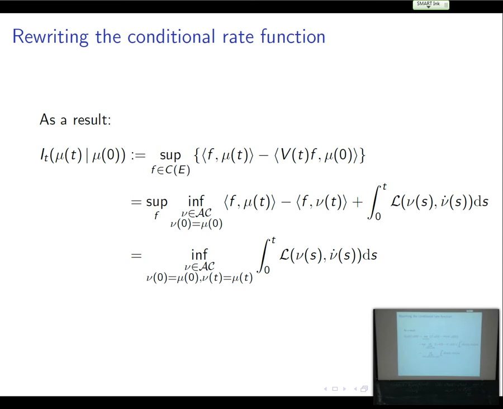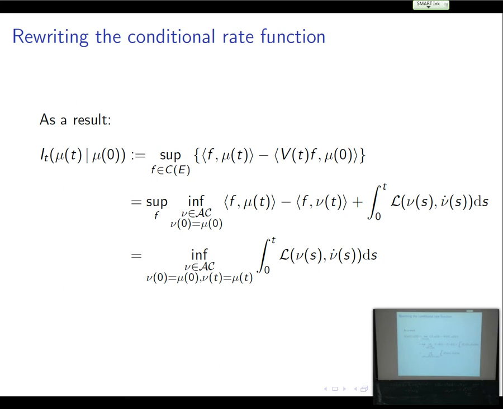But we still have to take the supremum over f. So if these two measures are not the same, then of course we can pick f such that this difference becomes very big. And then we can pick it as big as we want. So then the supremum would blow up. But then we have to take an infimum over all trajectories. So all these things are not going to be picked. So we can throw them out.